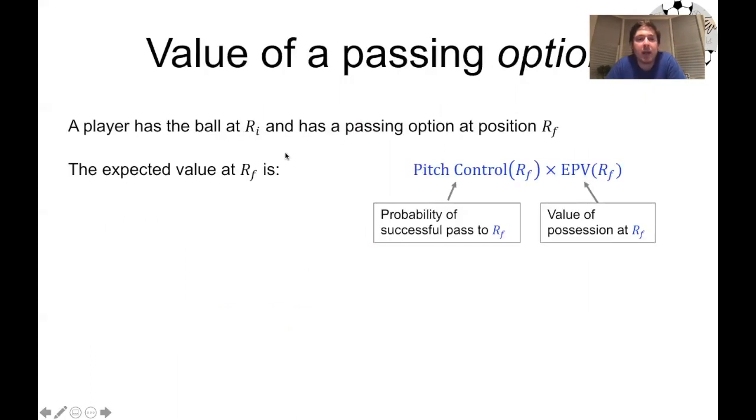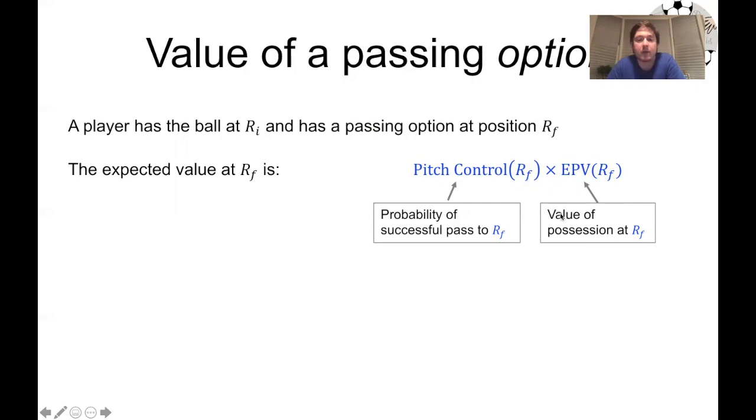In this case, the player has the ball at Ri and is looking at a passing option at position Rf. We can calculate this expected value of a possession at Rf as being the pitch control value at that position multiplied by the EPV value at that position.